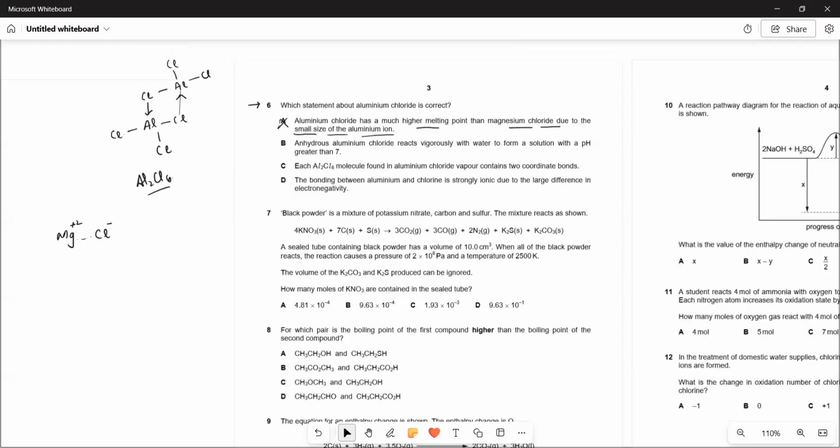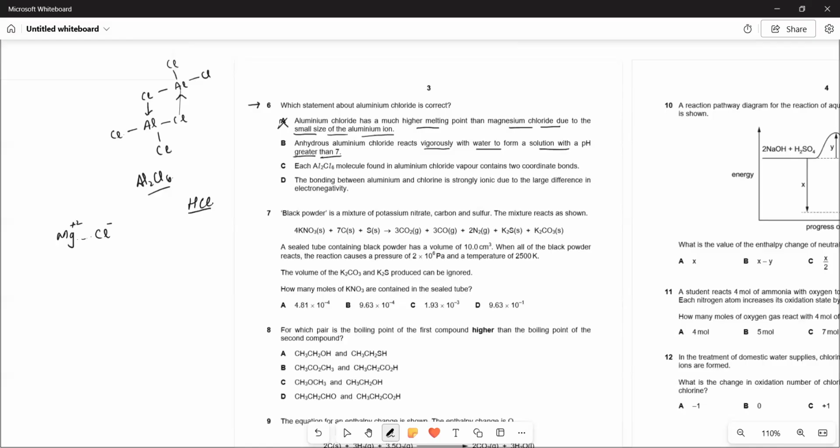that's incorrect, right? Option B, they are saying anhydrous aluminium chloride reacts vigorously with water to form a solution with a pH greater than 7. So we saw in the reactions of aluminium chloride with water that it gives us HCl, an acidic product.